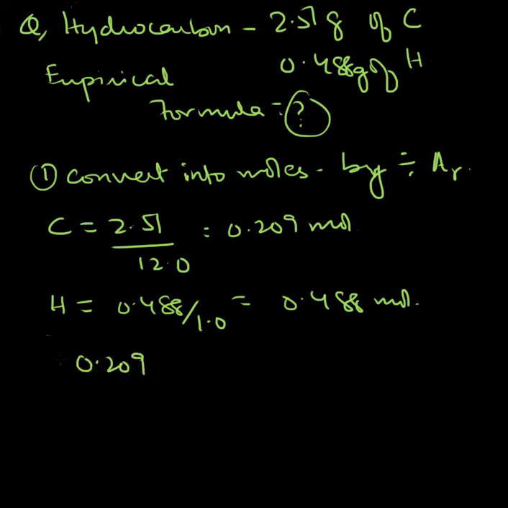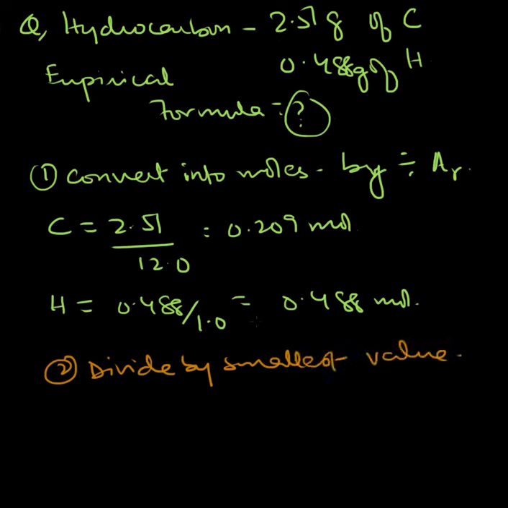So this is the second step that we have to do: divide by the smallest value. I am writing it as value so that there is no confusion, right? The smallest value amongst the two is what? This one, right?